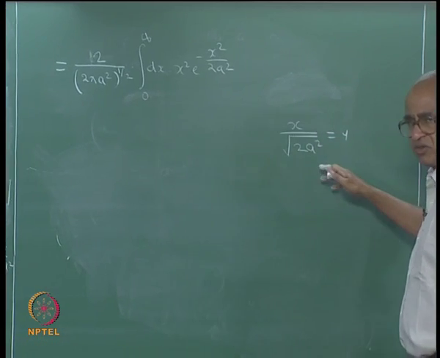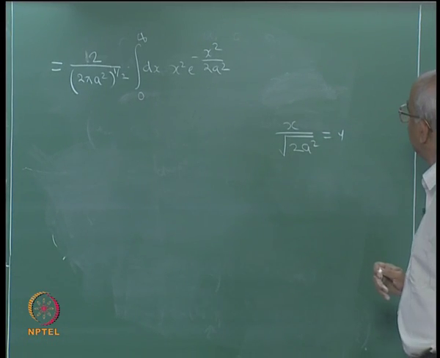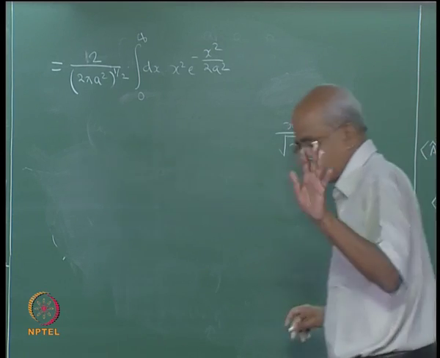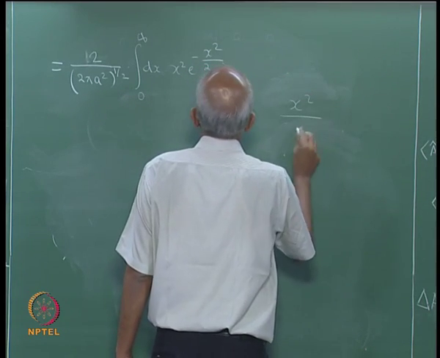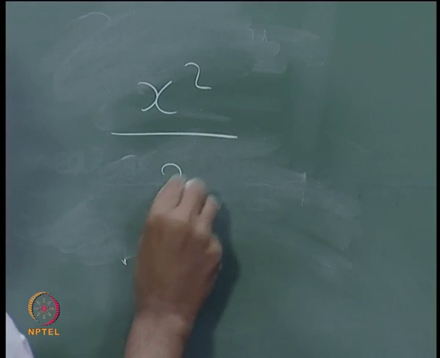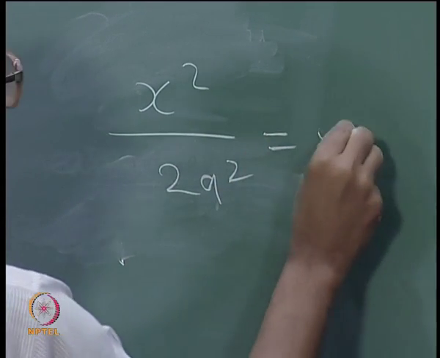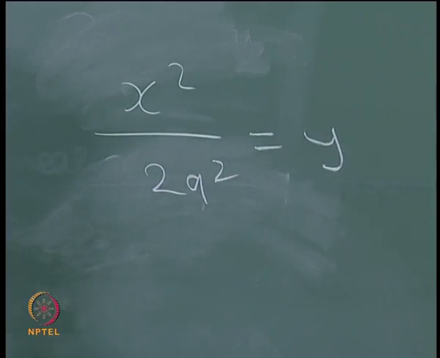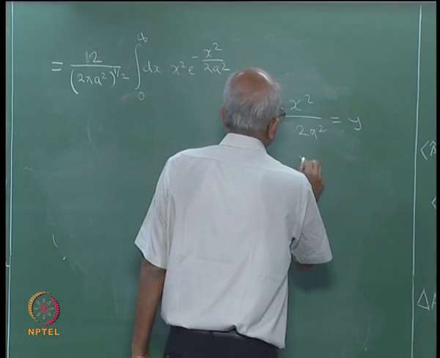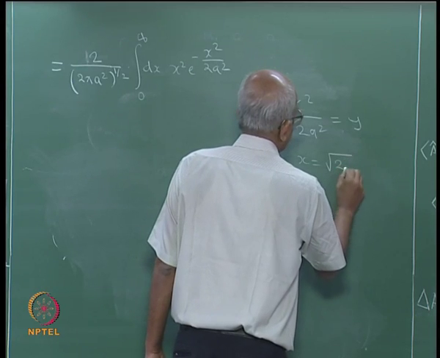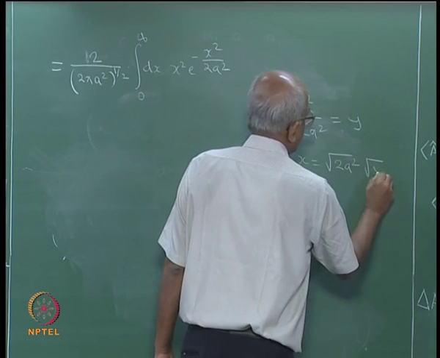X divided by square root of 2 a square. Oh no, sorry, that is a mistake. X square divided by 2 a square is equal to y. This is my substitution. So, that actually means x is equal to square root of 2 a square into square root of y.